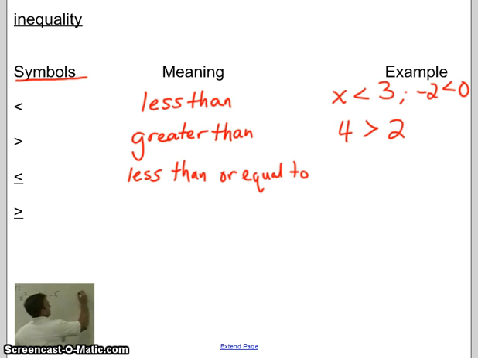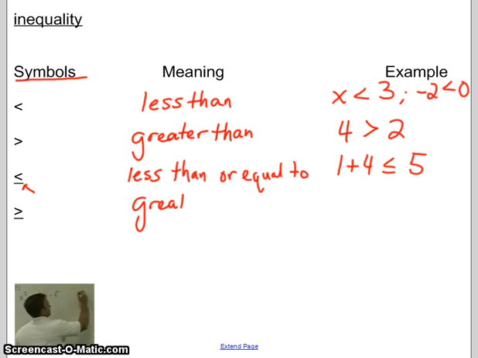This little symbol right here represents or equal to. So 1 plus 4 is less than or equal to 5. 1 plus 4 is 5. It's less than or equal to 5.